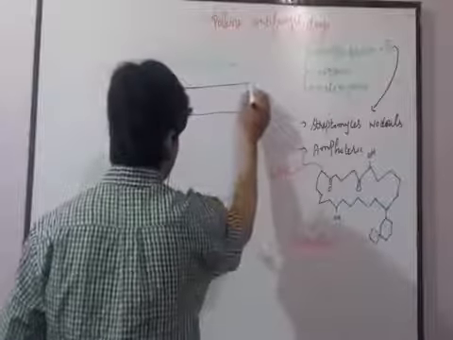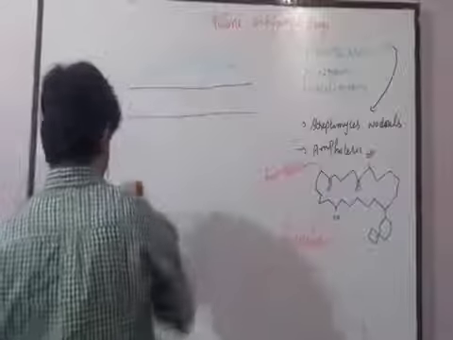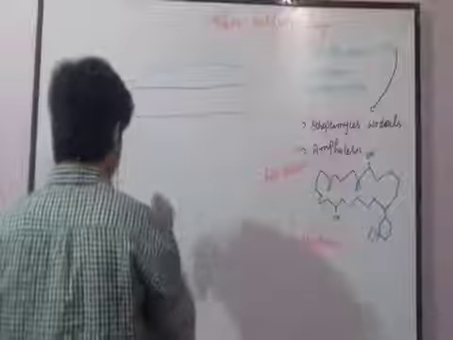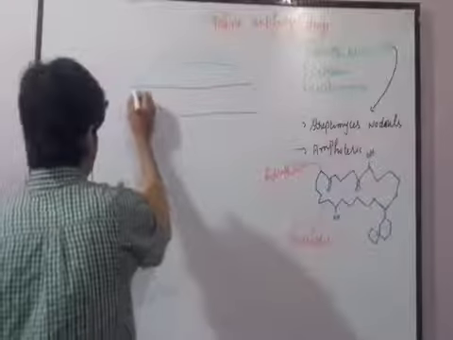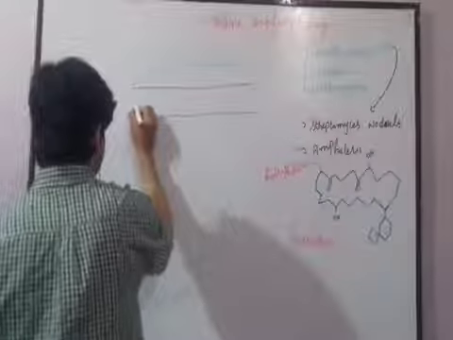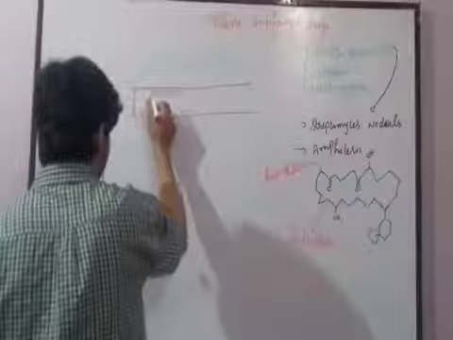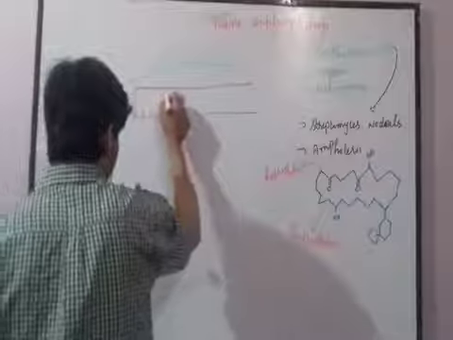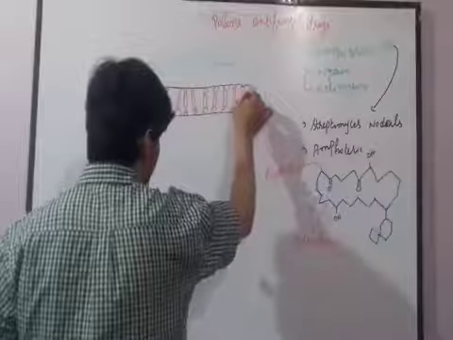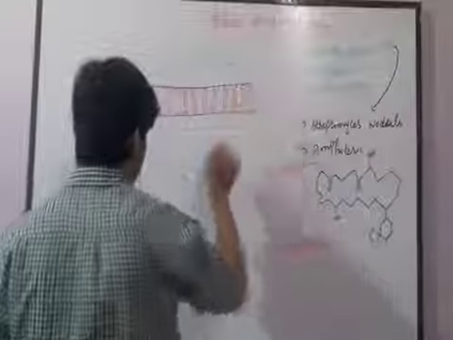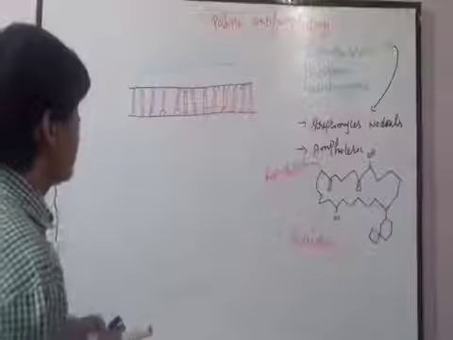So this side will be the cell membrane. And you should know the cell membrane is rich in lipid bilayer. A cell membrane is usually made up of a lipid bilayer. Fine. So this is the cell membrane.